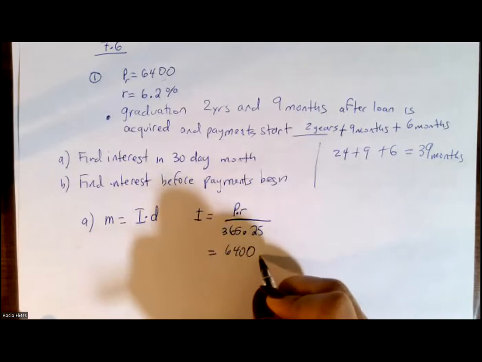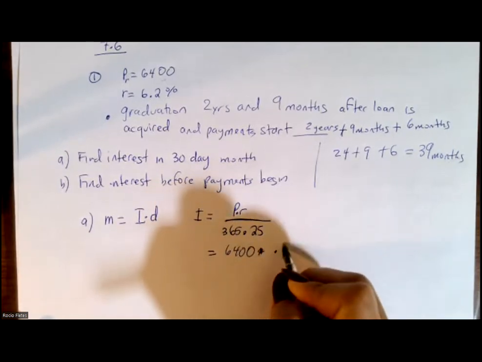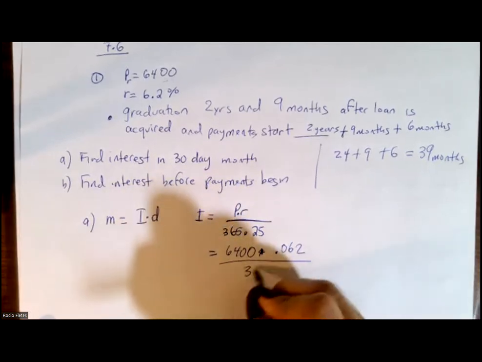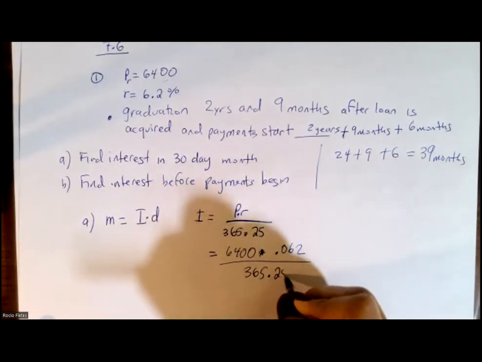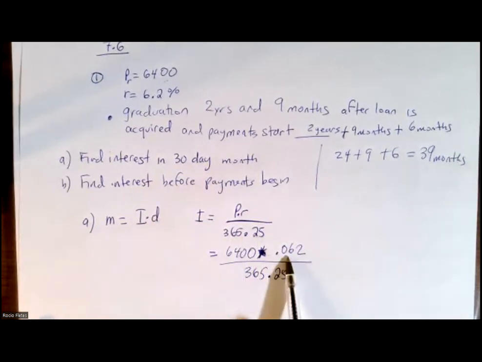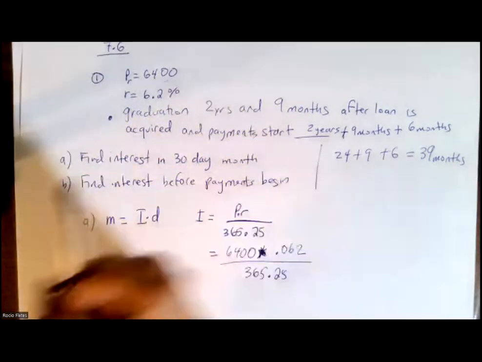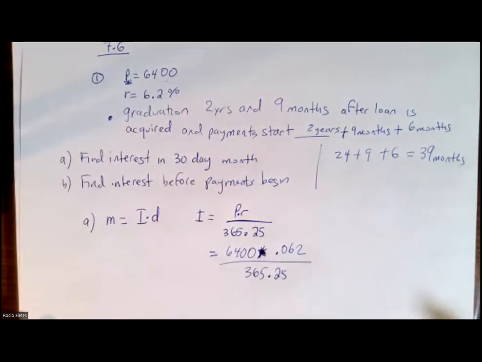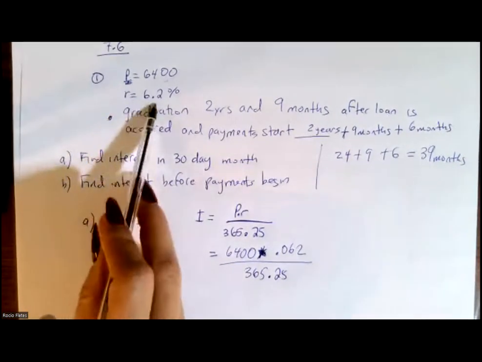So 6,400 times 0.062, that's the interest rate, divided by 365.25. Once again, you're multiplying 6,400 times the interest rate. So P times R, and right here is just P. P is the principal of the loan, R is the interest rate.